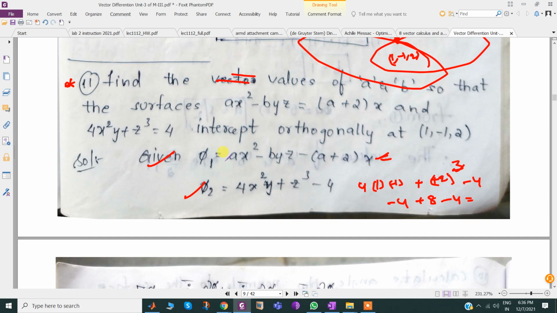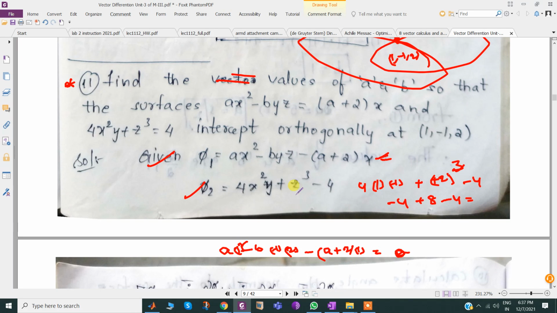Here, if I substitute, a x square minus b y z, with x equal to 1, y equal to minus 1, z equal to 2, minus a plus 2 times x with x equal to 1, must equal 0 because it must satisfy that.